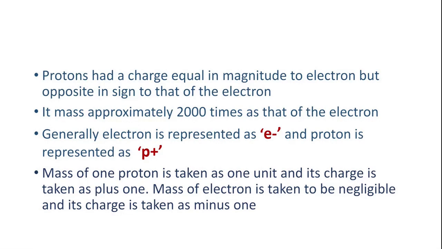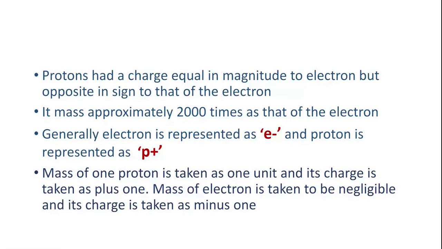So what did you understand, Madhumita? First, protons have a charge equal in magnitude to the electron, but they are opposite in sign. The proton's mass is approximately 2000 times that of the electron.